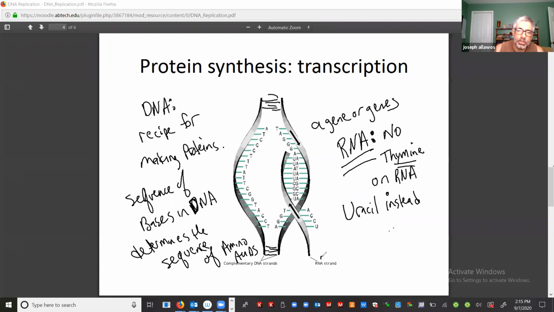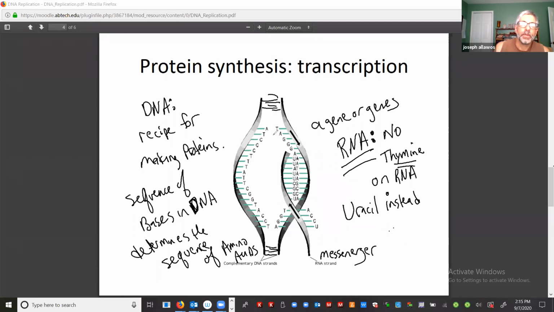Here's a messenger, what we call messenger RNA, and it's slipping in and copying this information. We call it transcription. To transcribe means to copy. But you'll notice where there's an A here, you're not getting a T, now you're getting a U. And we're going to go back to the whiteboard, and I'm going to show you a good example of this in just a second.